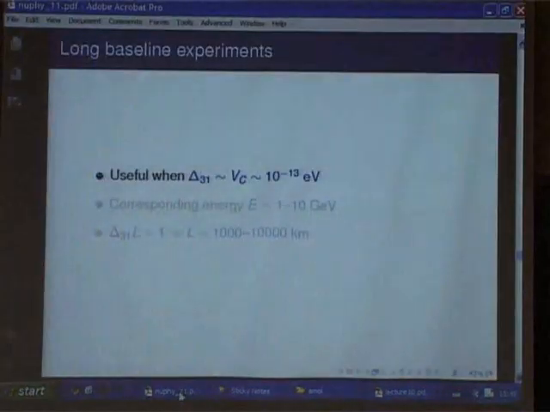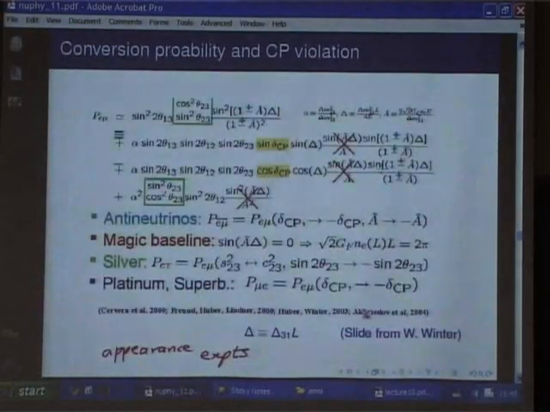Next, energy should be 1 to 10 GeV. Now, what we want is that these probabilities should be significant. If you want oscillations, the oscillation should have at least completed pi by 2 or pi. So this quantity should be of the order of pi.